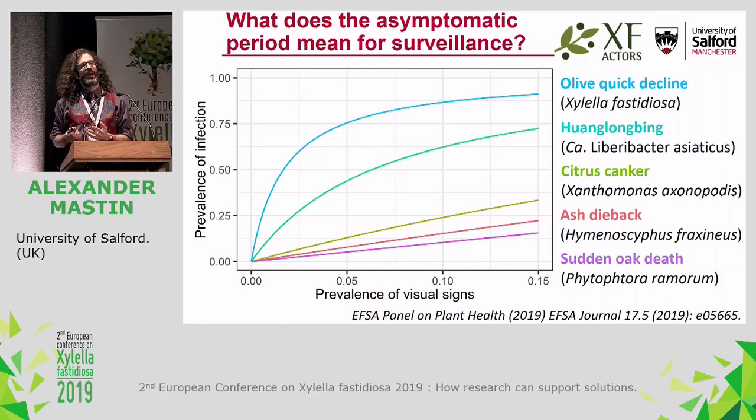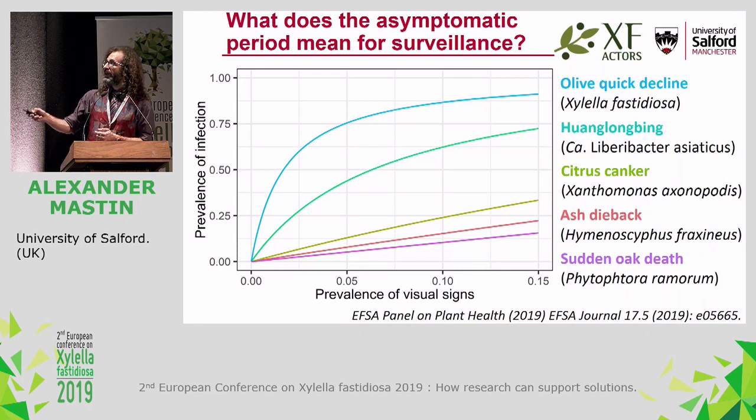We worked out that the asymptomatic period for Xylella is on average about 313 days. So we've got about a year asymptomatic period and a rapid growth rate, and we find that Xylella works out even worse than Huanglongbing. At about 15% prevalence, over 80% of cases will be infected.